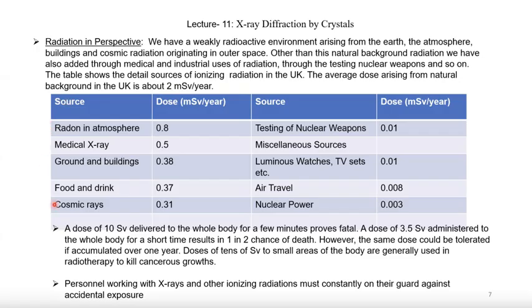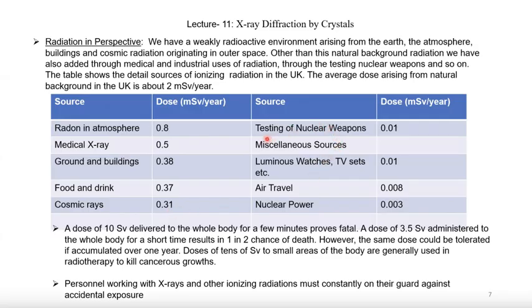But then this table shows the activities and how we are affected by this radiation. Radon in the atmosphere contributes about 0.8 millisievert per year, medical X-ray 0.5, ground and buildings about 0.38 millisievert, food and drink about 0.37, and cosmic rays 0.31.